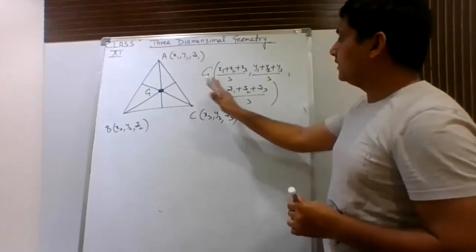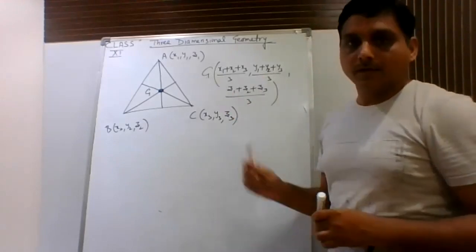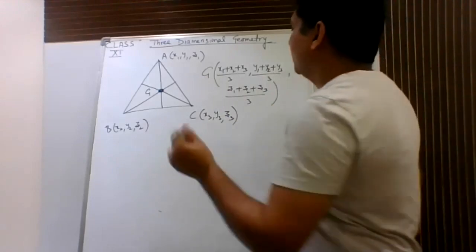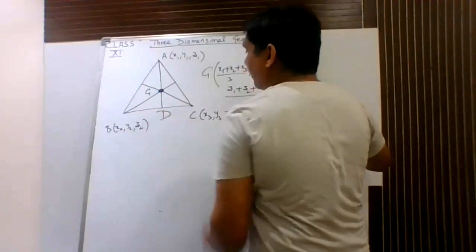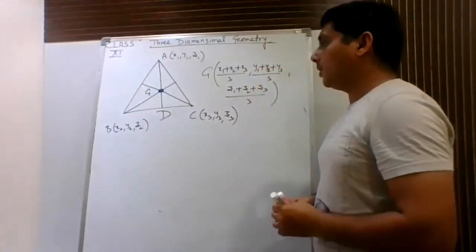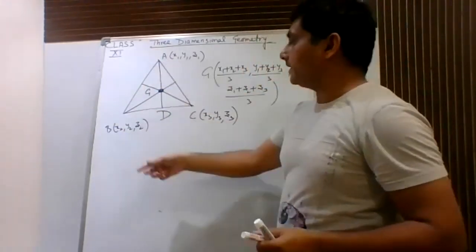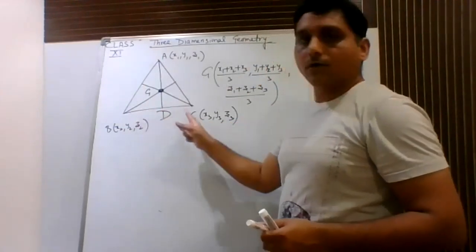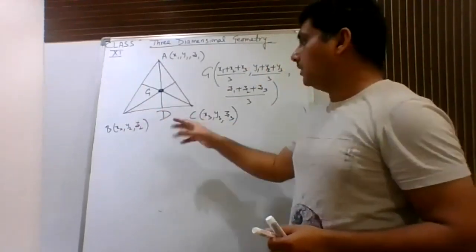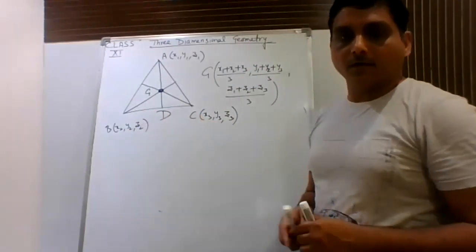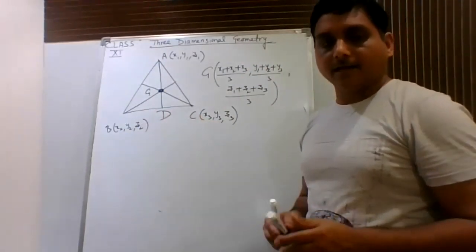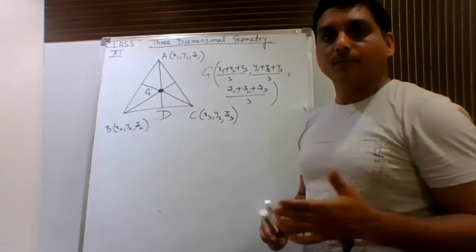Now, let us prove this formula. How to prove? First of all, this is triangle A, B, C. Let us call this point D. You know that the property of the median is that it divides BC in the ratio of 1:1. So this point D is the midpoint of BC. To get the coordinates of D, we can use the midpoint formula.